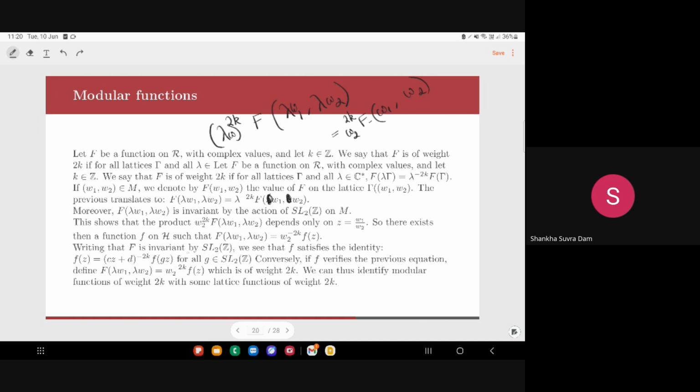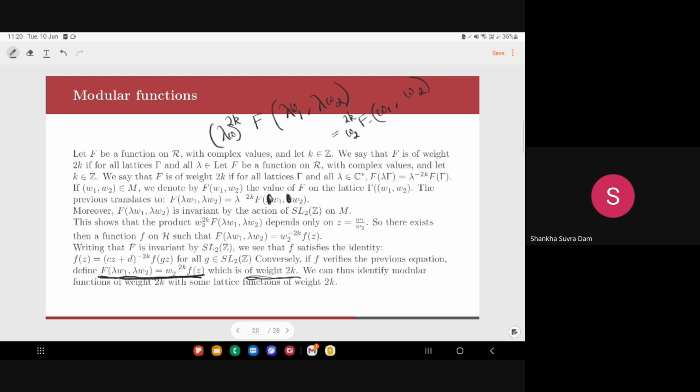Writing that F is invariant by SL2Z, we see that f satisfies this identity for all g in SL2Z. This is what defines f to be a modular form by definition. Conversely, if f verifies the previous equation, we define capital F to be this, which is of weight k.